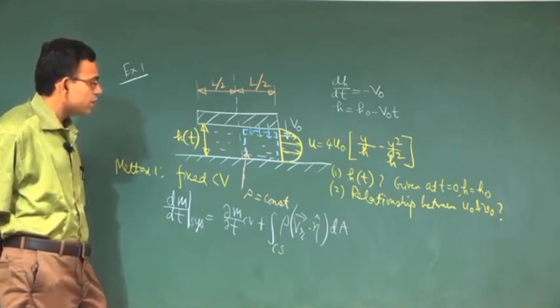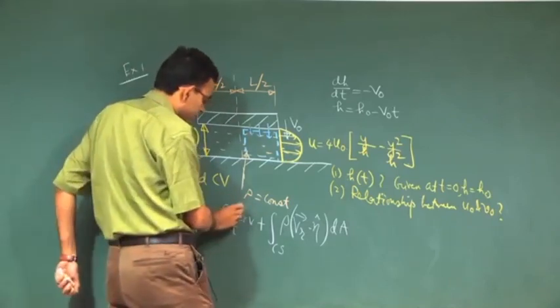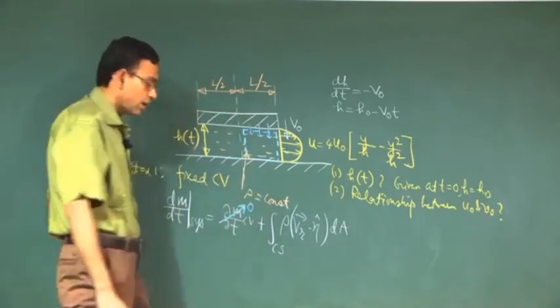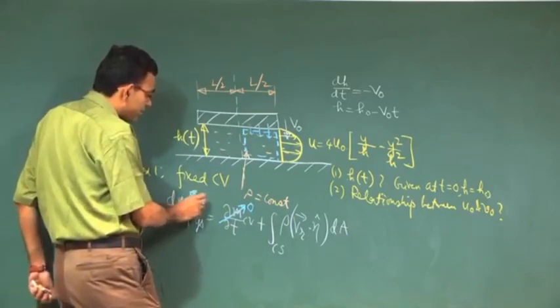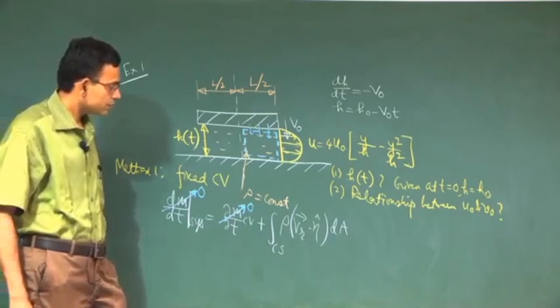So if it is a fixed control volume and rho is constant, then this term is 0, this term is always 0 because a control mass system will always have a fixed mass.